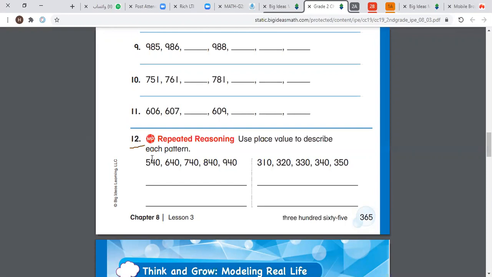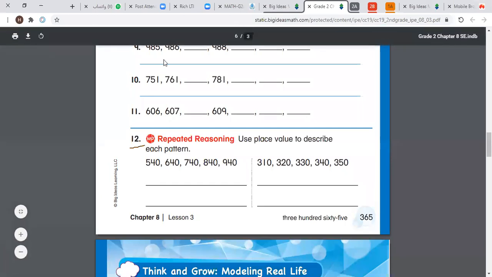Here we have 500, but here 600, 700, 800, 900. So we count by hundreds. So what's the pattern? The pattern is the hundreds digit increases by 1. Let's write here: the hundreds digit increases by 1.